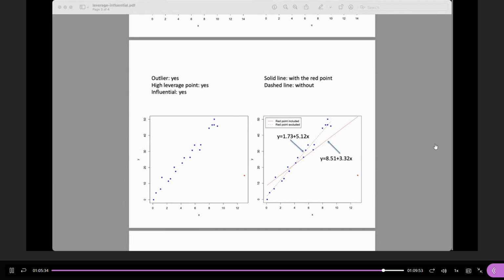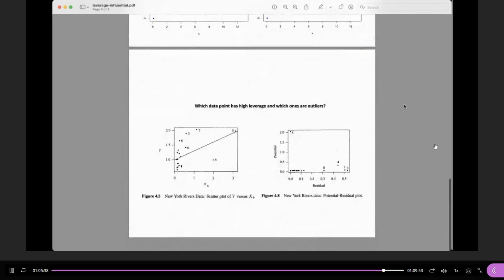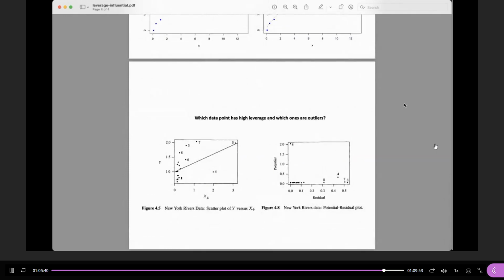In the plot of potential versus residual, there's no point that is influential, okay? We talk about 0.5 is high leverage, and 3, 7, 4, 8, these are outliers.